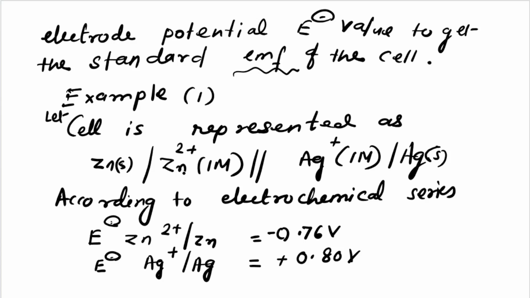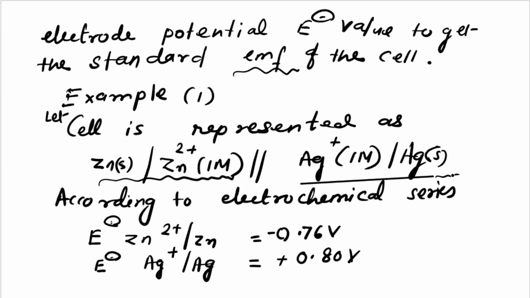Example. Let one example be the zinc half cell and silver half cell. Zn oblique Zn2+ means this is a half cell where zinc is dipped in zinc sulfate solution. And similarly, silver is dipped in silver solution.